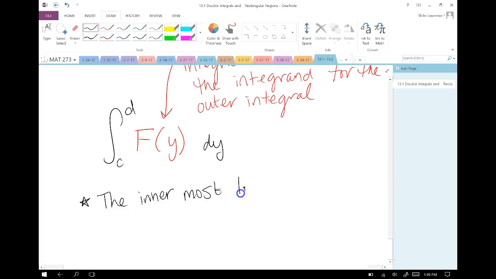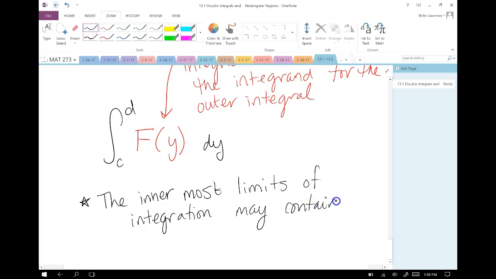So the innermost limits of integration may contain variables. They can contain the variable that you have not yet integrated for, the variable of the one that's outside of them.